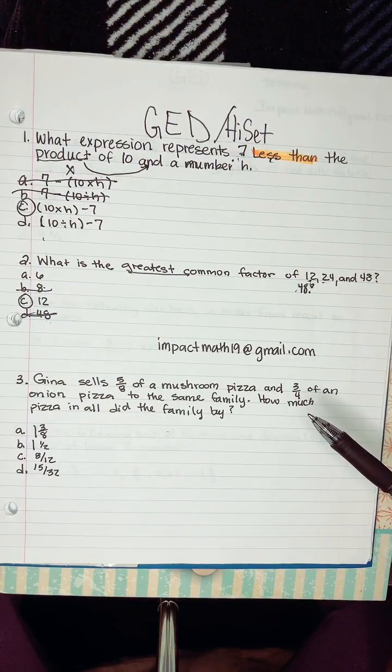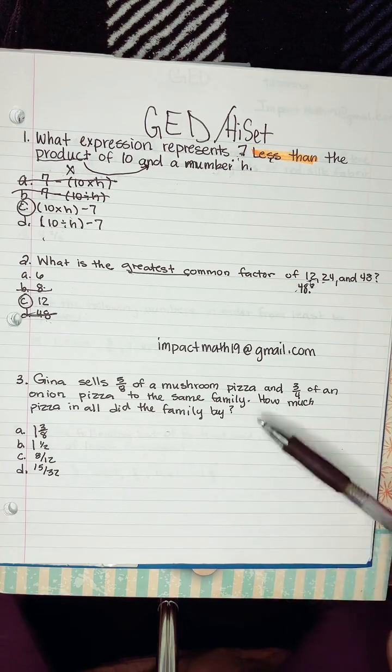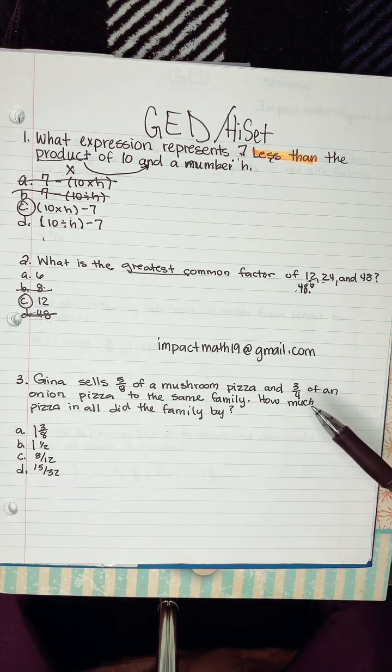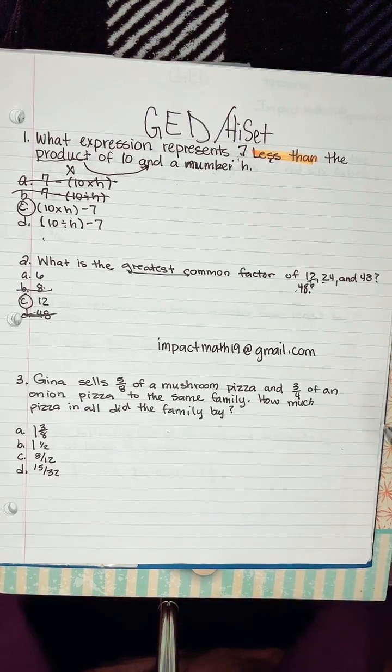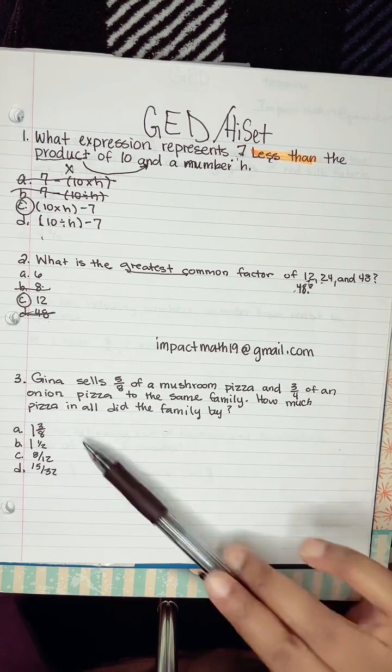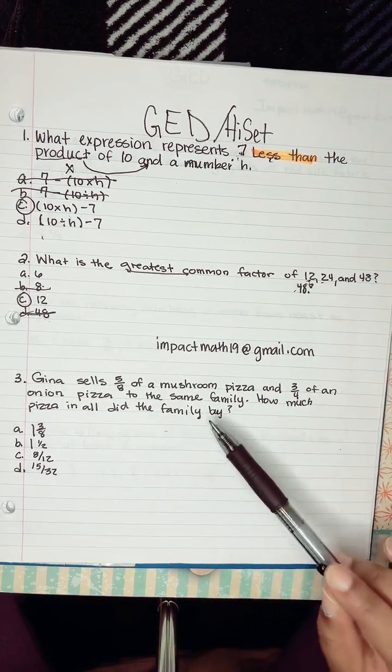I guess if you go to a pizza buffet. What crazy problems they come up with, right? Who would buy 5/8 and 3/4? I guess if you're getting a specialty pizza. So how much pizza did the family buy?